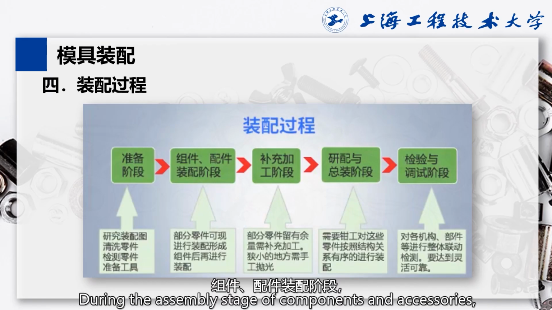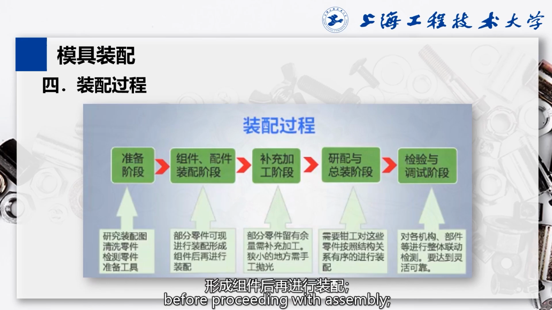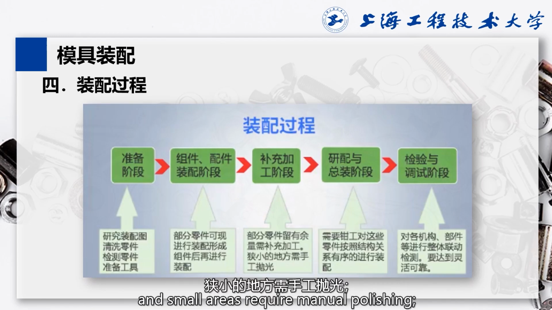During the assembly stage of components and accessories, some parts can be assembled to form components before proceeding with assembly. Supplementary processing stage. Some parts have excess stock that needs to be processed, and small errors require manual polishing.